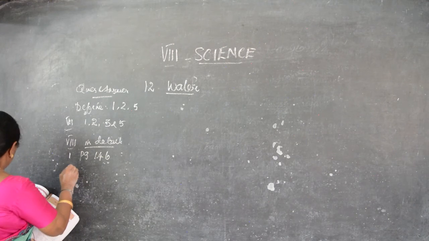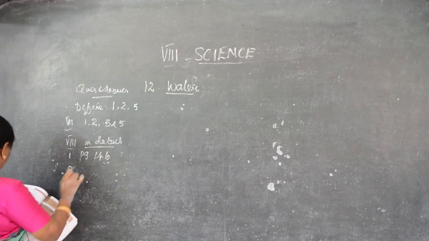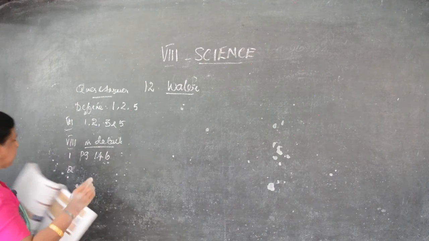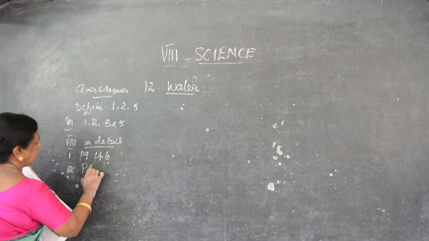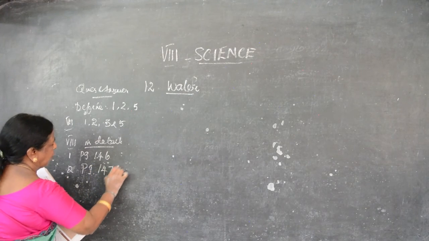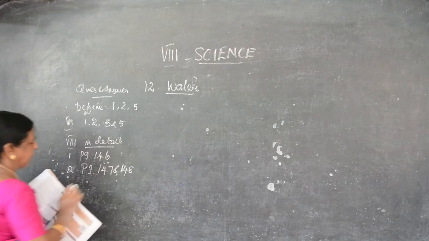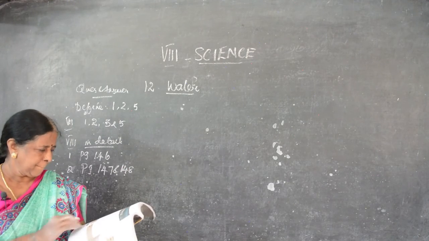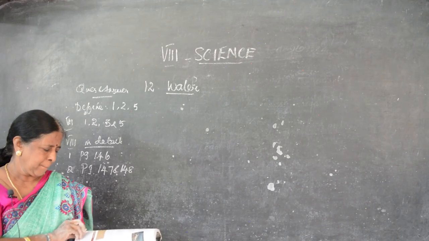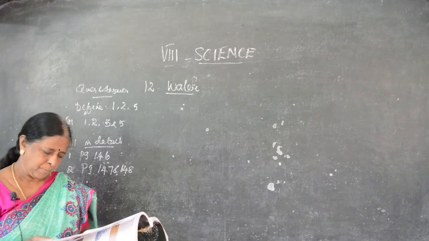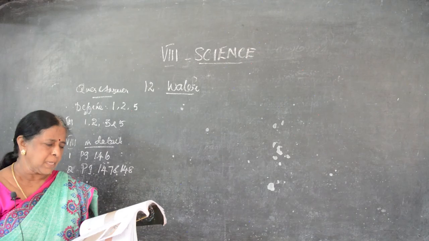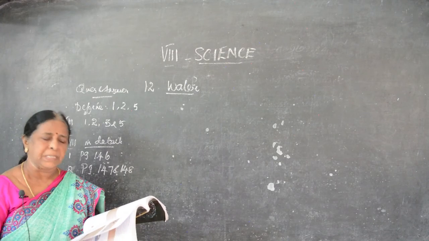I remembered. And second one, what is permanent hardness of water? How can it be removed? This answer only I have not given. This is page number 147 and 148. Children, take page number 147 first. Here, page number 147, the last paragraph, the diagram is there, 13.7.